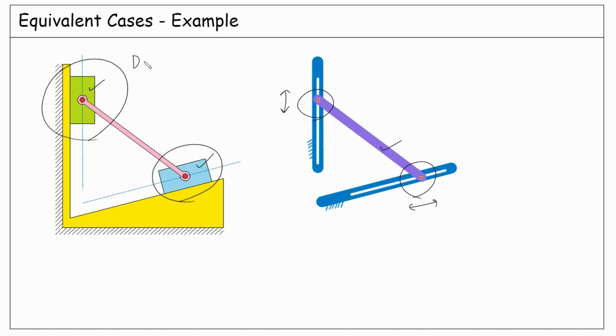This way, the degrees of freedom for the original system is 3 times 3 bodies, minus 2 times J1, which is 4, since we have 2 revolute and 2 prismatic joints. So 1 degree of freedom. And for the equivalent system, the degrees of freedom is 3 times just 1 moving body, minus J2, which is 2 since we have 2 pin on slot joints. Again, 1 degree of freedom.